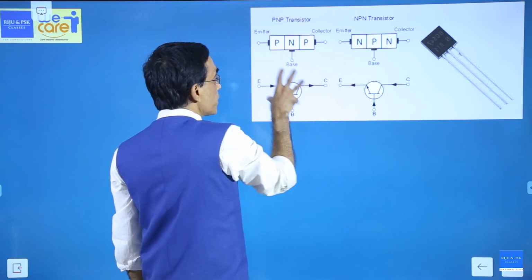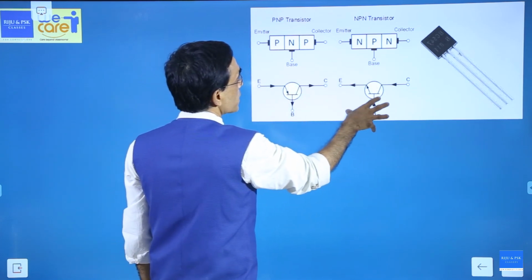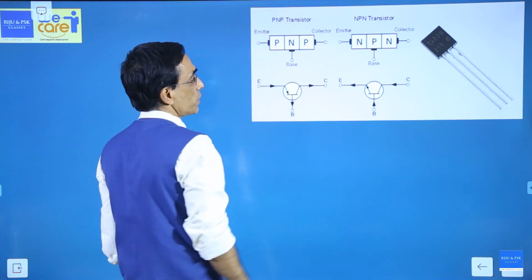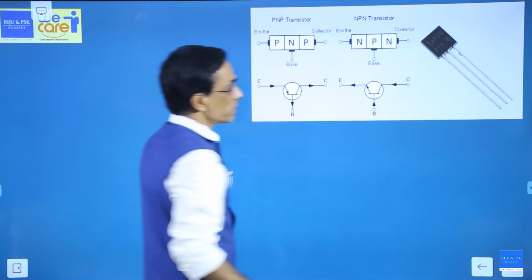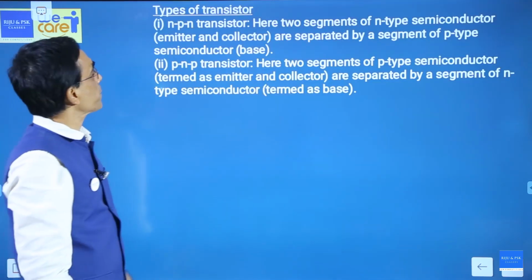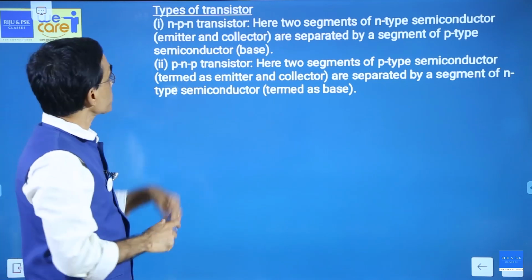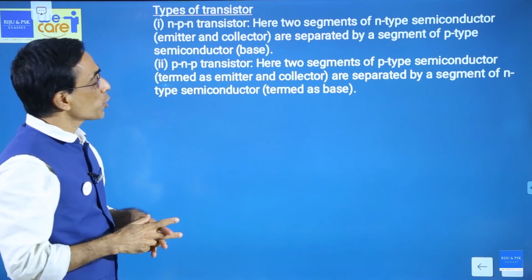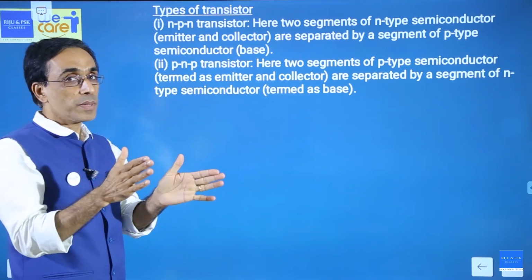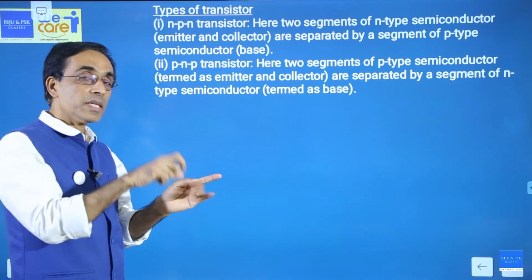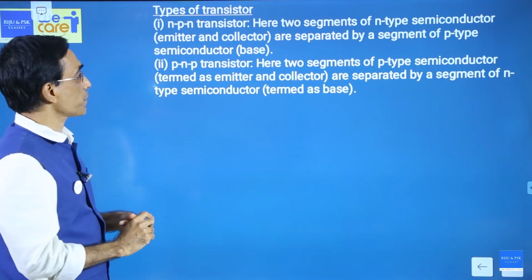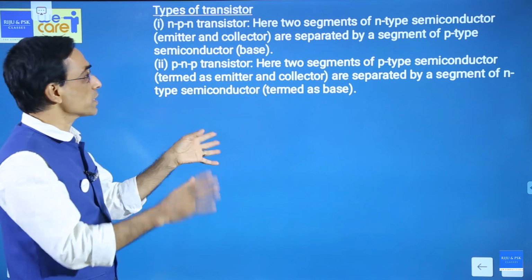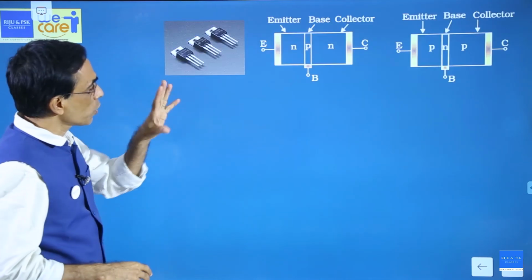This is how you write the symbol: this is the symbol of NPN, symbol of PNP. And this is a practical device. NPN means two segments of N-type semiconductor with a P-type semiconductor in between. PNP means just the opposite. Don't worry, more detail later.